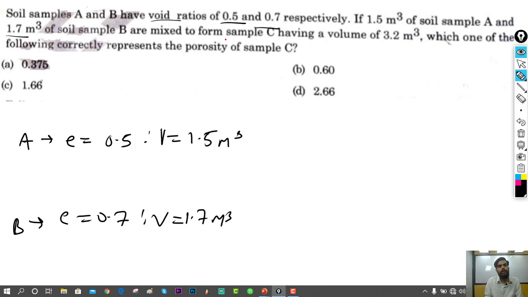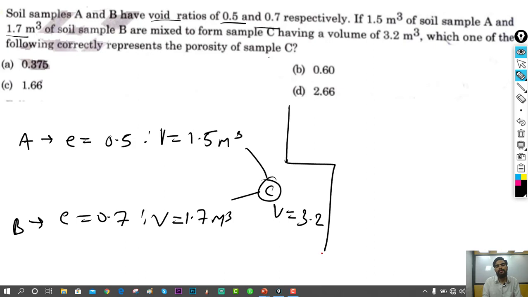These are mixed to form, meaning when we mix both of these soils, we get a soil C, having a volume of 3.2 meter cube. Which one of the following correctly represents the porosity? Okay guys, just use a composition formula here.